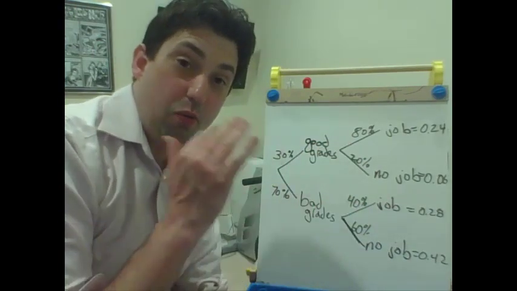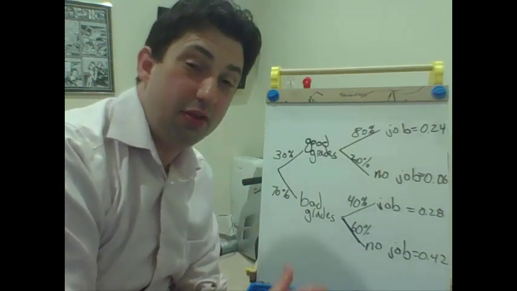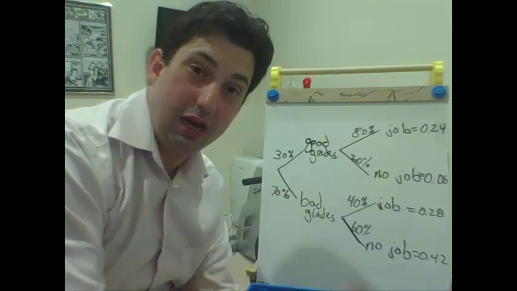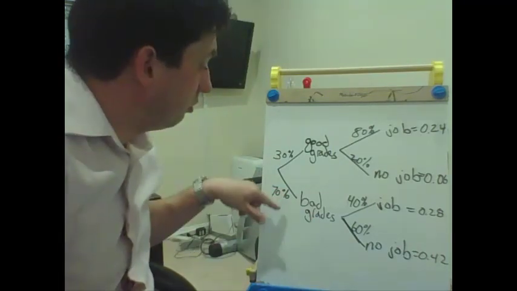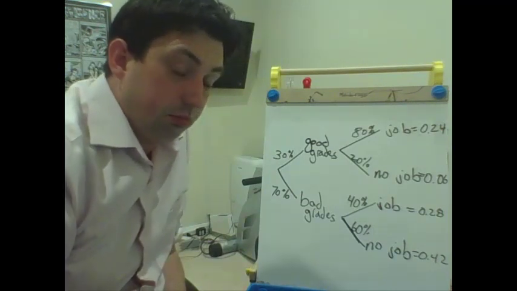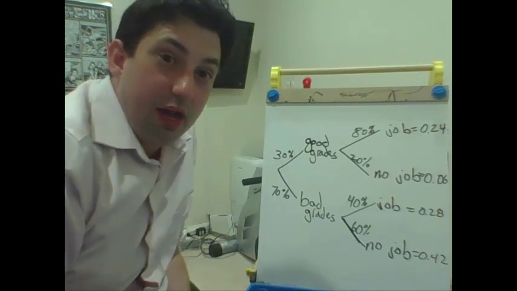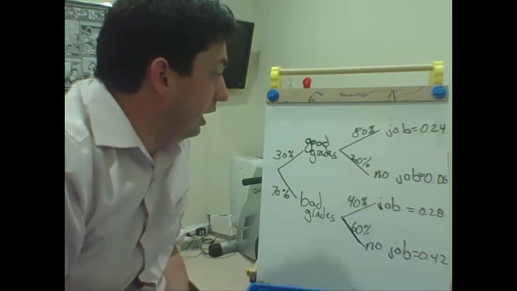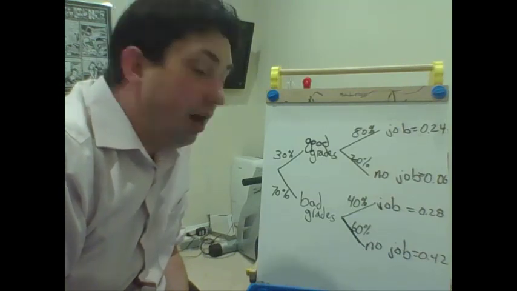Now, again, I want to emphasize we are multiplying here even though they are not independent because we can, in the sense that we are multiplying different things. So if I were to ask you, well, what's the chance of getting good grades and no job?